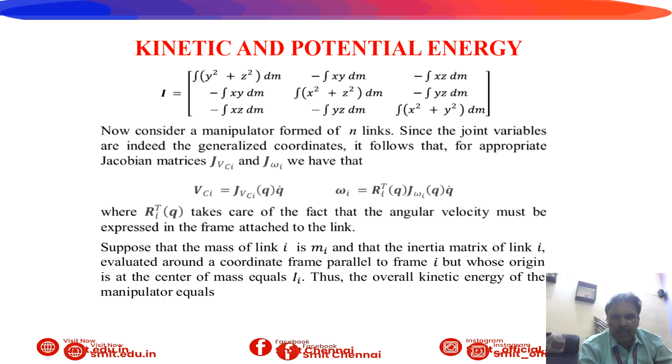Now consider a manipulator formed of n links. Since the joint variables are indeed the generalized coordinates, it follows that for appropriate Jacobian matrices, that is J_vci, J_omega i, we have that v_ci equal to J_vci(q) q dot, omega_i equal to R_i transpose(q) J_omega i(q) q dot.